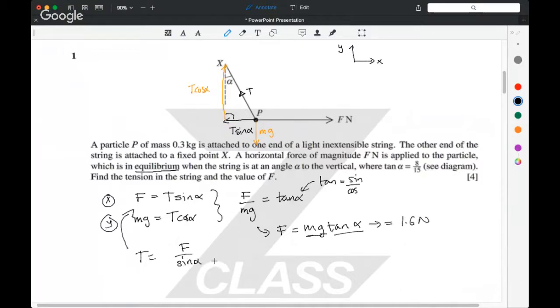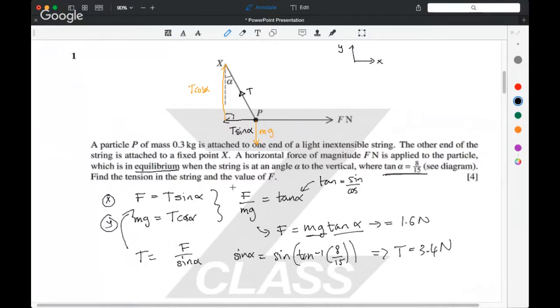And the best thing here is just to use our calculator, and we know that the sine of alpha is equal to the sine of the inverse tangent of 8 over 15, because we're given that the tan of alpha is 8 over 15. And this gives us that the tension is equal to 3.4 newtons.